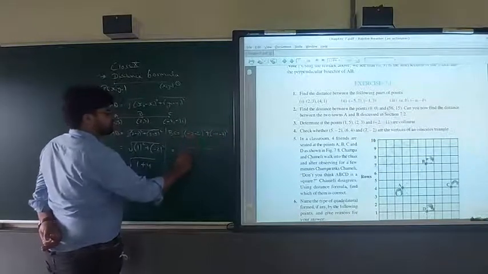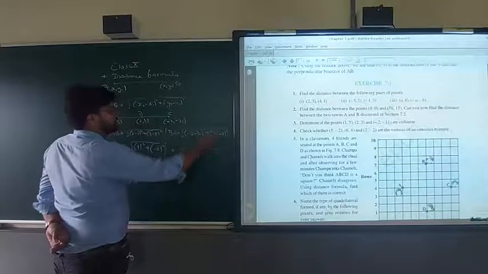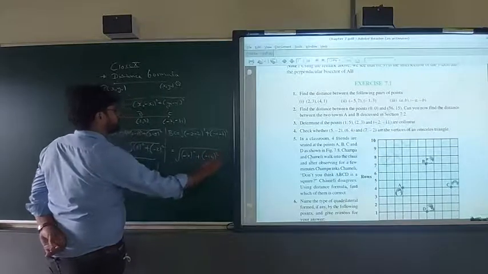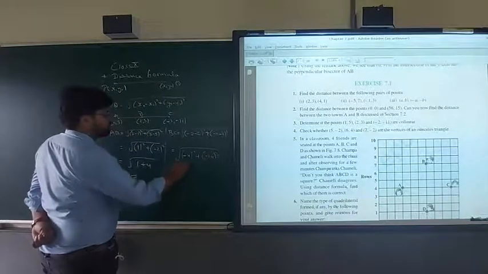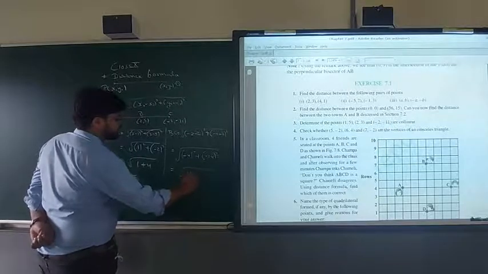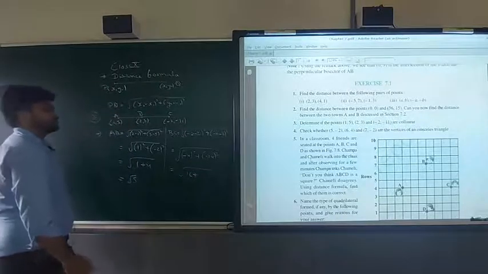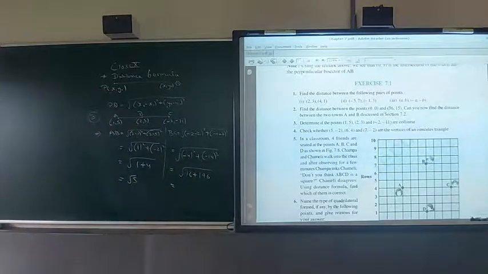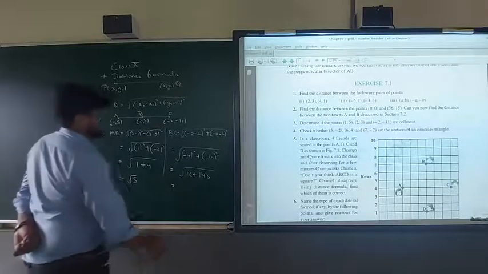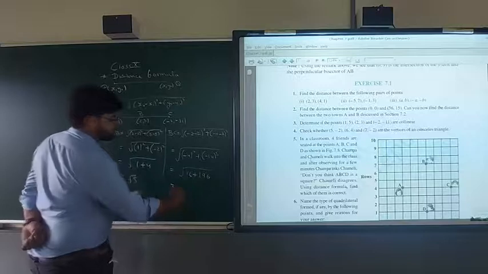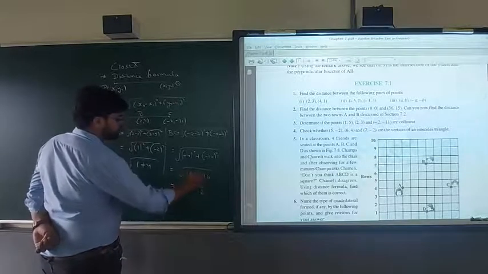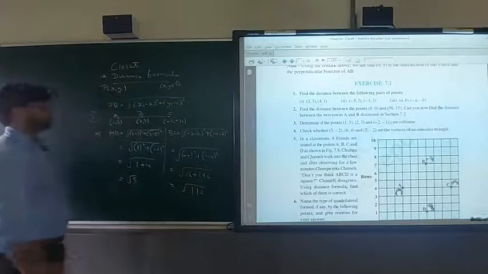Minus 4 square, and minus 11 minus 3 is minus 14. 4 square is 16, plus 14 square is 196. So 16 plus 196 will be 212.